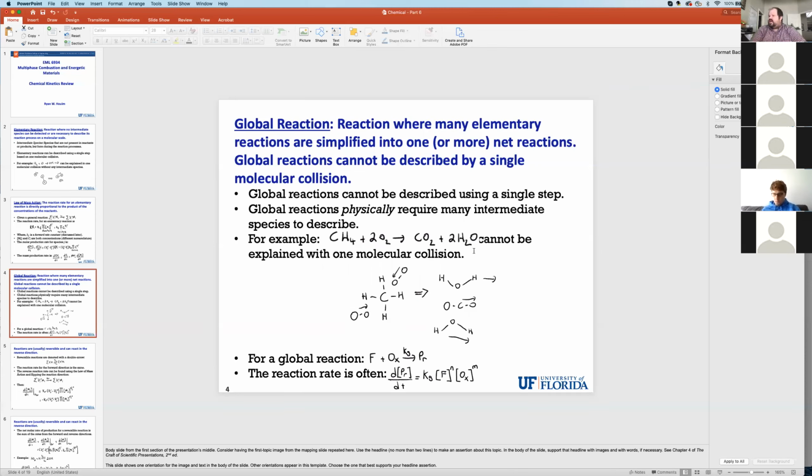So if you were to draw a picture of how this could occur in one step on the molecular scale, it would have to look something like this. You have the CH4 molecule just happily sitting here, and then it's going to be attacked by two oxygen molecules simultaneously.